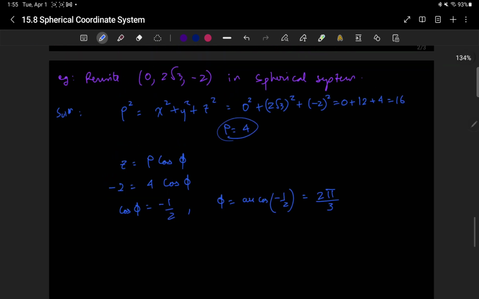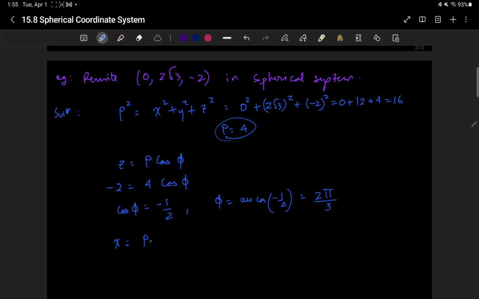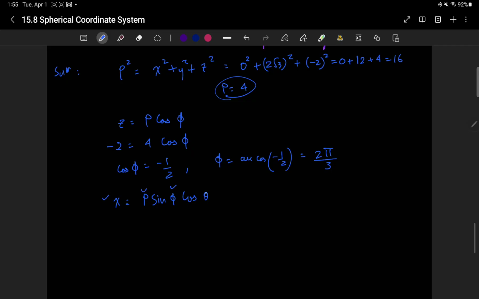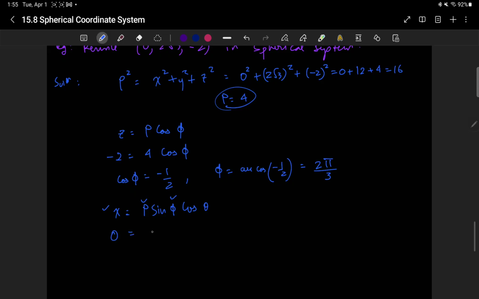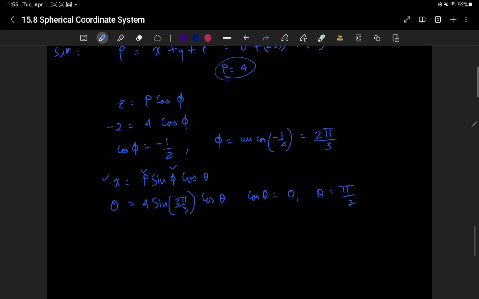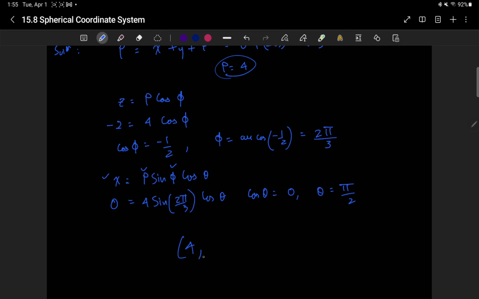And then you can use either x or y, because you have x is rho sine phi cosine theta, and now you have x, rho, phi. You can solve for cosine theta. What is x here? x is 0. So sine 2 pi over 3 cosine theta equals 0, which gives you cosine theta is 0. So theta has to be pi over 2. So in spherical coordinates, you have rho 4, theta, which is pi over 2, and phi, which is 2 pi over 3. Okay, so that's the general process in which you can convert from rectangular to spherical.